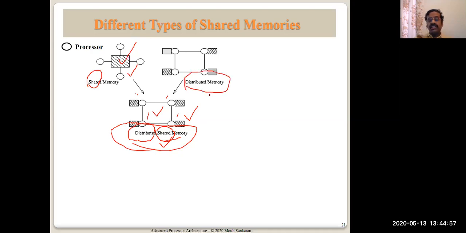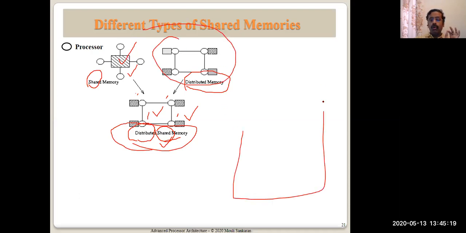Now look at this. There is no word shared. That means the address spaces are not the same. They can be different. And don't assume that it has to be only two. There may be any number of address spaces. Maybe 4 address spaces can be there in this system, but if I have more processors connected to different memories, any number of address spaces will be there.